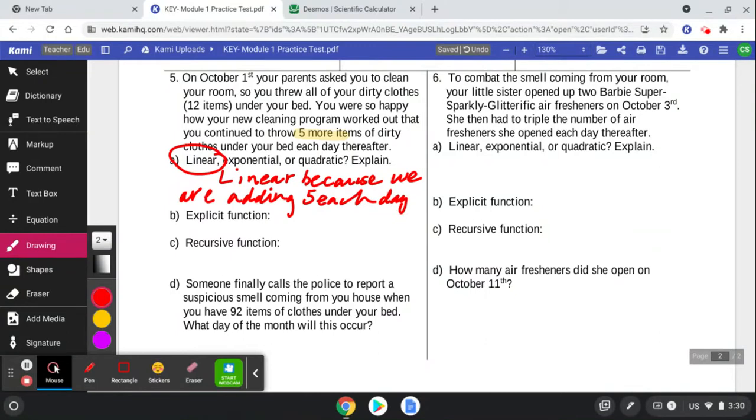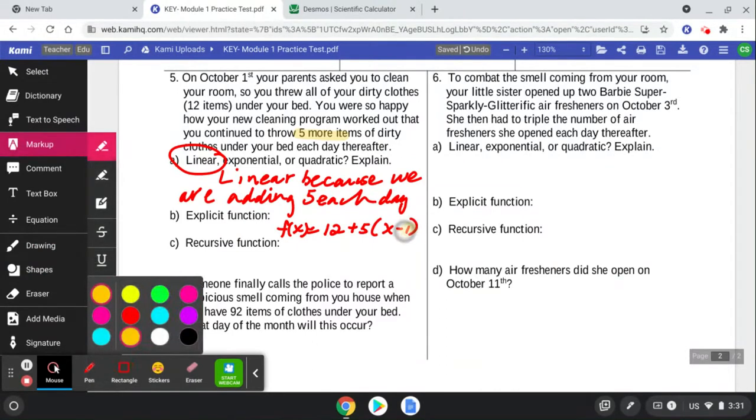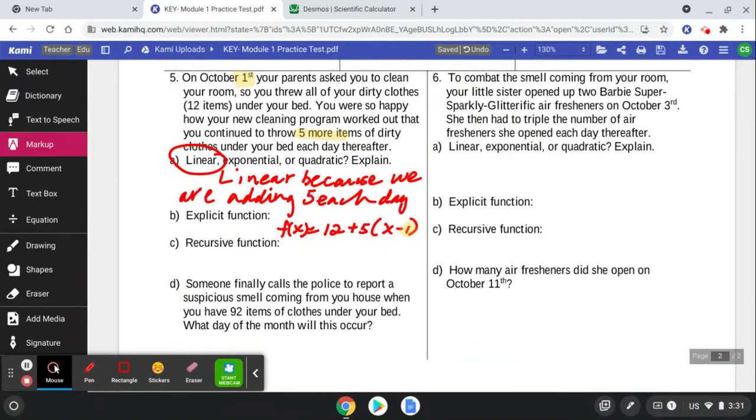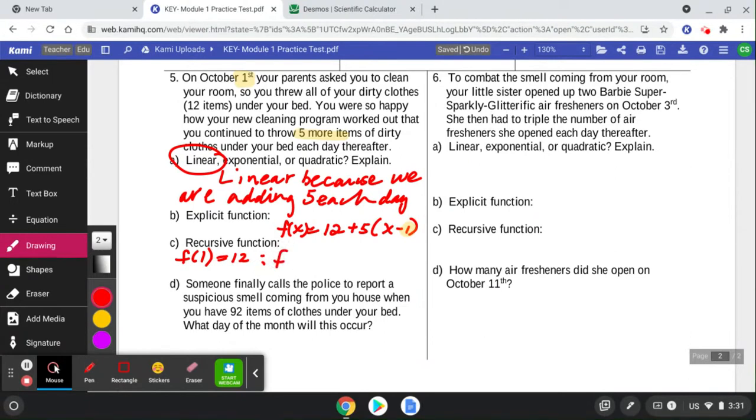And then for the explicit function, you'd say that you started with 12 pieces of clothes. You're adding 5 each day after the first day. So where does this little 1 come from right here? This 1 comes from on October 1st. Recursive function, f of 1 equals 12. F of x equals f of x minus 1 plus 5.